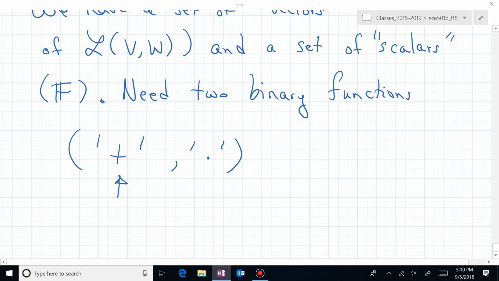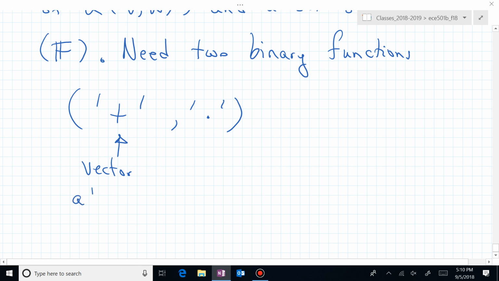Where now we have vector addition and scalar multiplication.